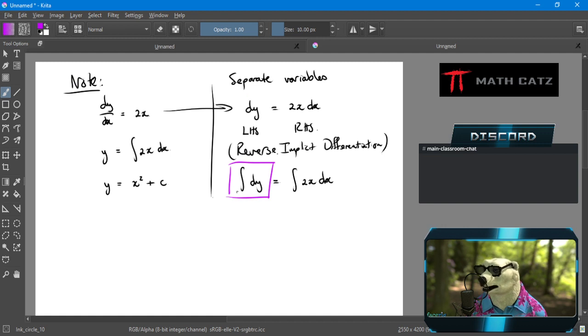And when I look at the pink box as a separate question, it is saying that I'm looking for an antiderivative of, when there's nothing there, there's a 1 there, of 1 with y as my variable. So what function in y as the variable has 1 as a derivative? The function is y. Y is my variable. The derivative of y is 1.